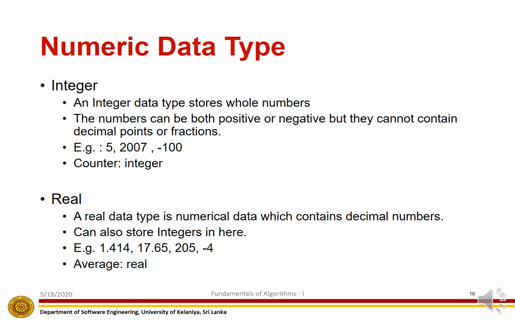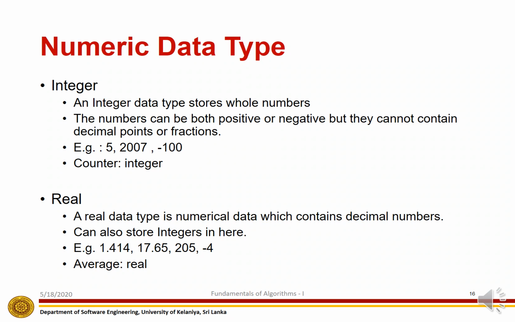The next type is real. A real data type is a numerical data which contains decimal numbers. We can store integers also in here. For example, we can state 1.414, 17.65, 205 and minus 4.